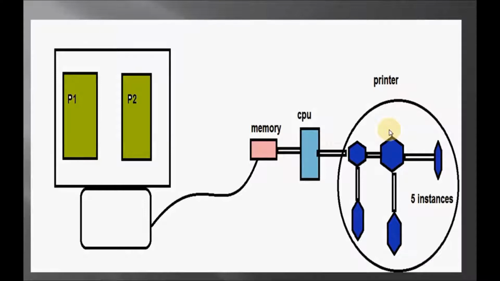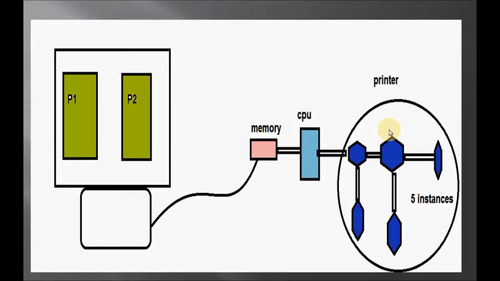If you want a different printout for the ground floor and a different printout for the fourth floor, then you have to group these printers as separate resource classes. For example, printer 1 for the ground floor, printer 4 for the fourth floor.